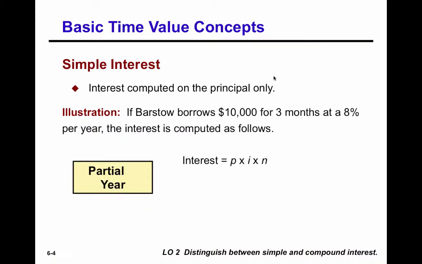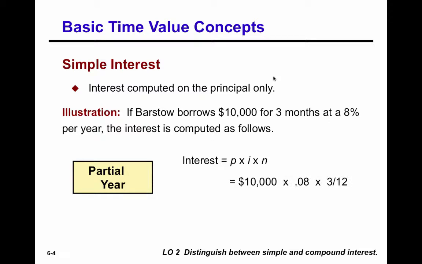Okay, this slide also gets into an important issue, and that has to do with the concept of interest that is not calculated on an annual basis. So for instance, the example that's shown here demonstrates a borrowing that's only going to occur for 3 months. The interest rate, again, is always stated as annual. So the rate is 8% for 3 months.